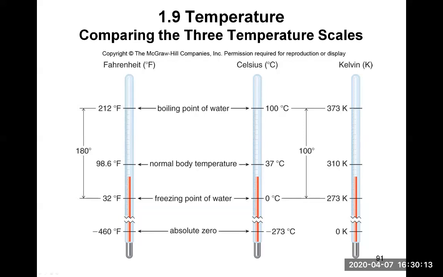So we have 100 degrees that represent the same size in the scale. But the Fahrenheit, for the same freezing point to boiling point of water, you have 180 degrees. So a degree Fahrenheit is smaller in size than the degree Celsius or the Kelvin.